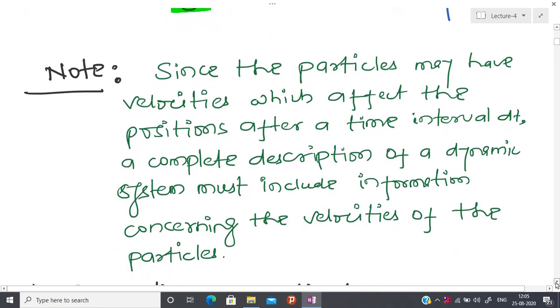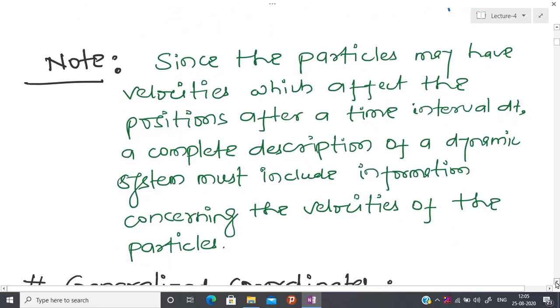Another important observation is like this: the particle may have velocities, and suppose that initially I have some particle at the reference position, and I am assuming that position equal to 0.